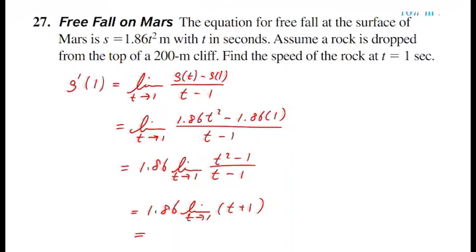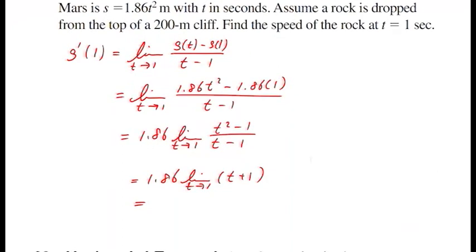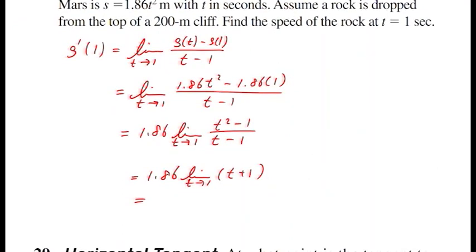And that's 2. So this is a difficult part. What is 2 times 1.86? Oh, 3.72, right? I think I got it right, meters per second. How about that? Good? Okay.